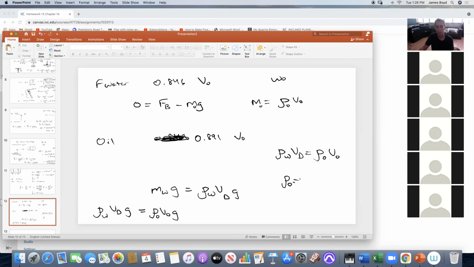So the density of the object is density of water, VD over V of the object.